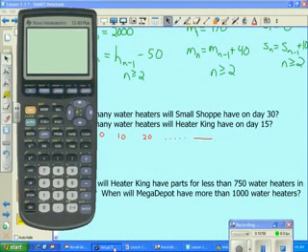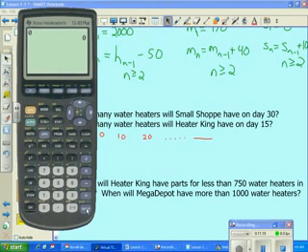We're going to use our calculator to answer that question, and we're essentially going to use that recursive rule on our calculator. I'm going to start off with day 1, where Small Shop had 0 heaters. So type in the first term, hit enter. Now, the little function we're going to use on our calculator is the answer key.